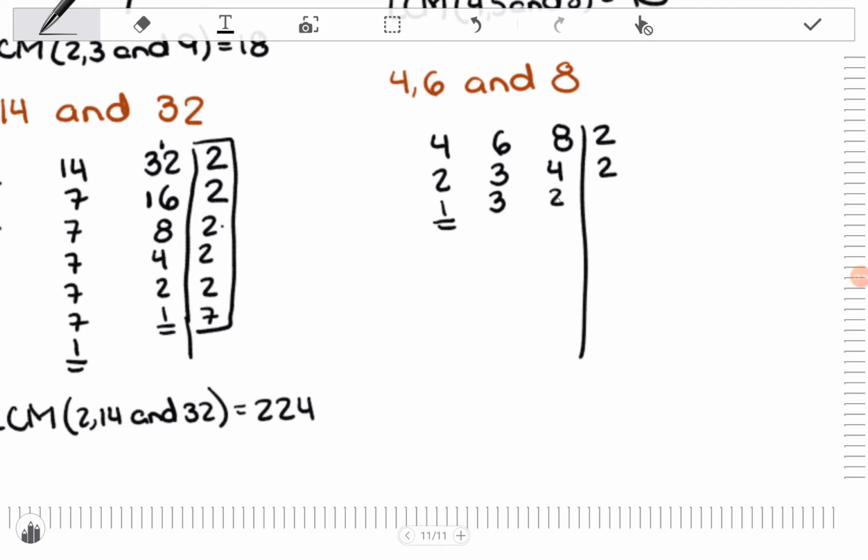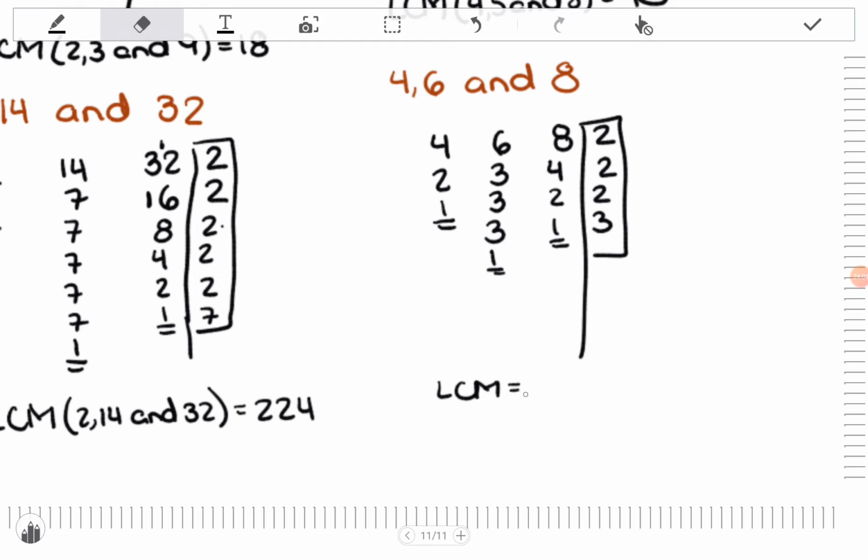Okay, 3 and 2. Any of those divisible by 2? Yes. The 3 is not possible. 2 divided by 2 is 1. We finish with this one, and we have the 3, which we know is only divisible by 3, and 1. That's it. We finish. Once again, we have 3 2s and 1 3.